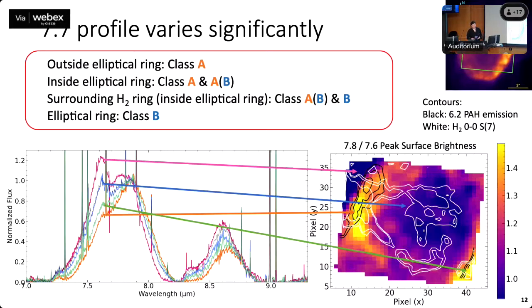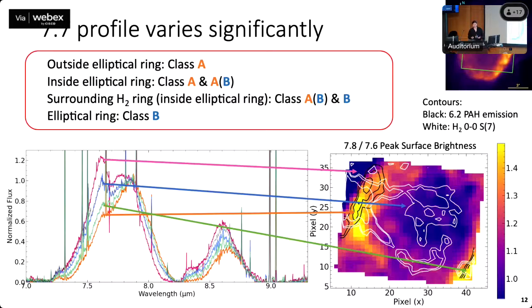So outside the elliptical ring, again, consistent with our other features, we see a very clear Class A that is pretty extreme. And then in the orange spectrum, you see a very clear Class B, where the 7.8 is much stronger than the 7.6.